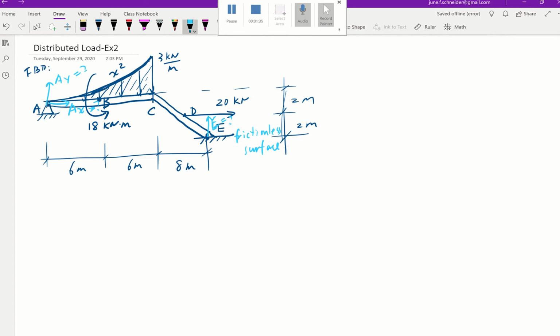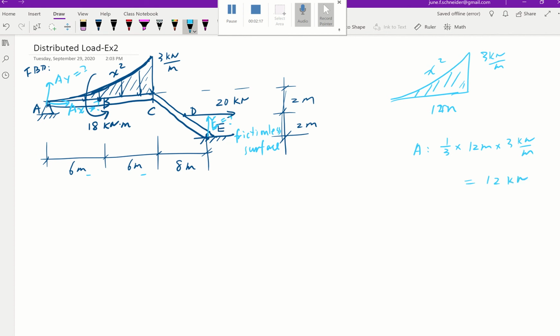So how do we replace this distributed load with one single concentrated load? Here, we again review, if it's power of 2, the area we talked about in one video. This entire beam is 12 meters because it's 6 meters plus 6 meters. And this height is 3 kilonewton per meter. And we know for a parabola, the area is going to be 1/3 base times height. That would give us 12 kilonewton.